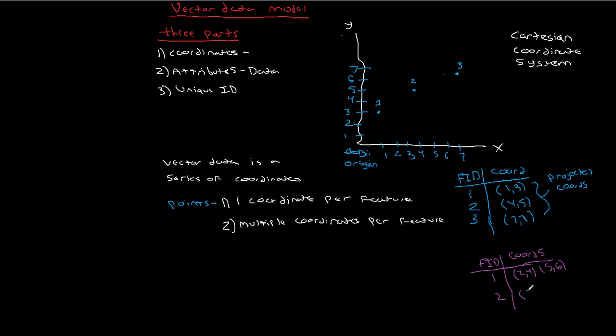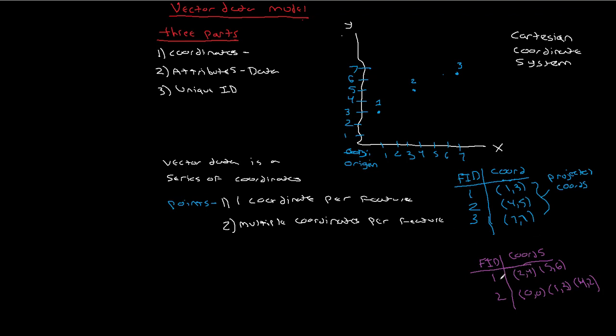And this one could be 0, 0, and 1, 3, and 4, 2. And so what we're going to do here is connect these points together with a line.